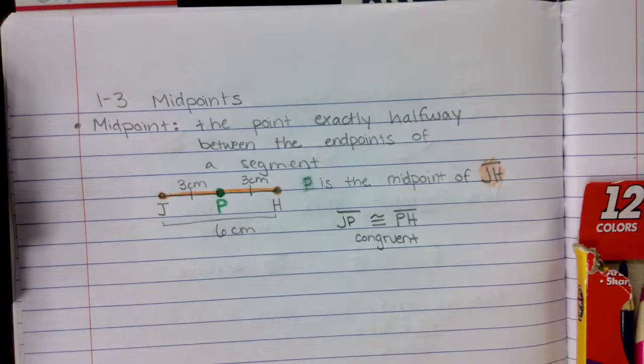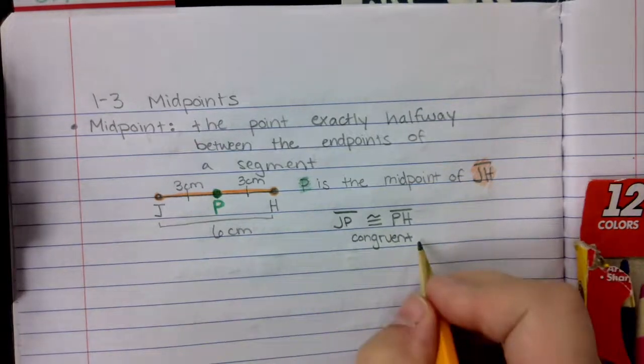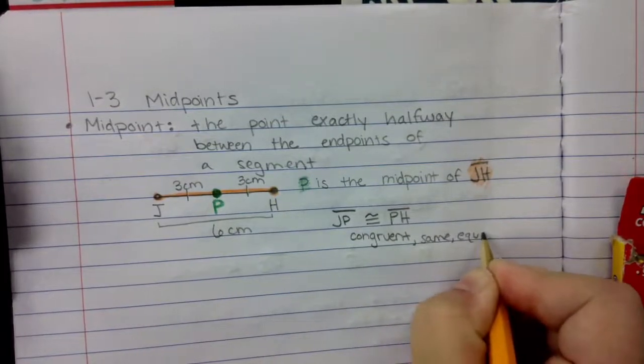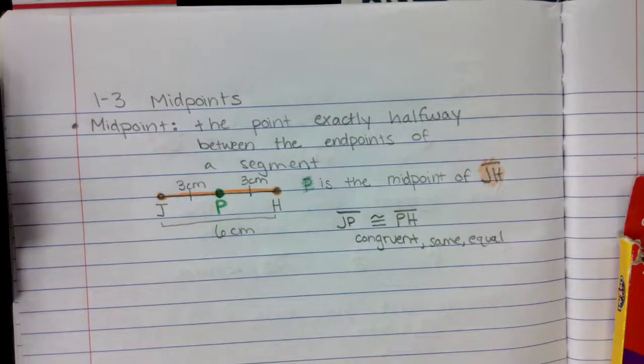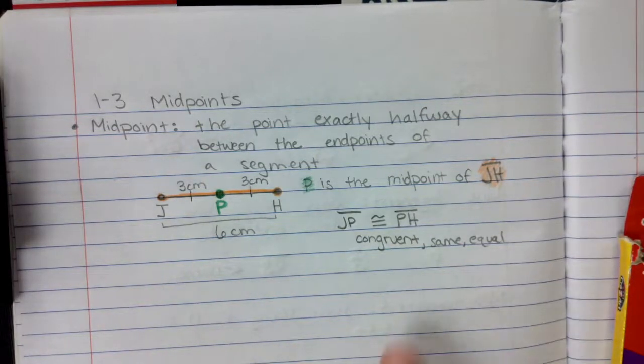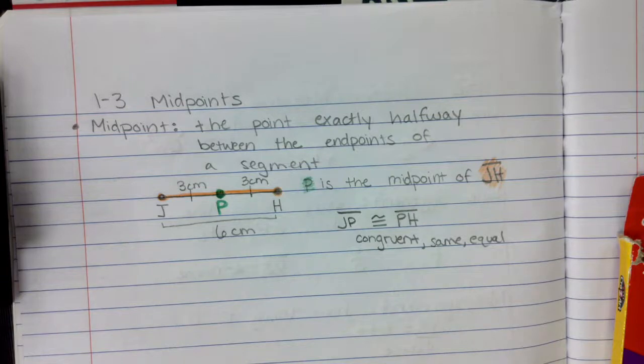All right, our one other word is segment bisector. We're going to keep this definition really simple. Last year I made it really complex. What is that prefix bi? Like a bicycle is 2, right?